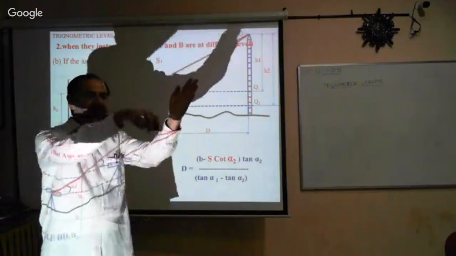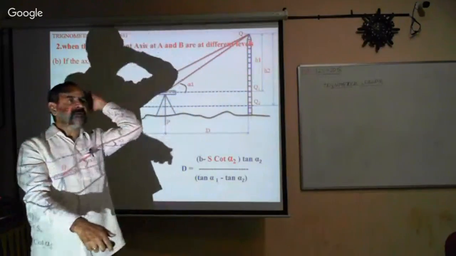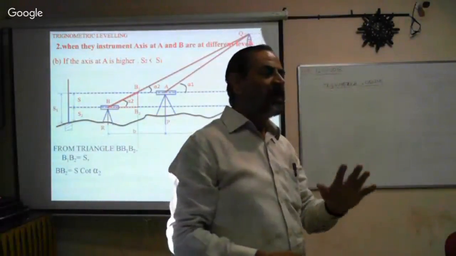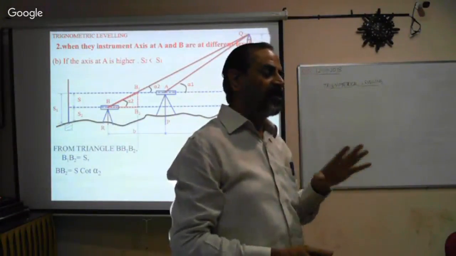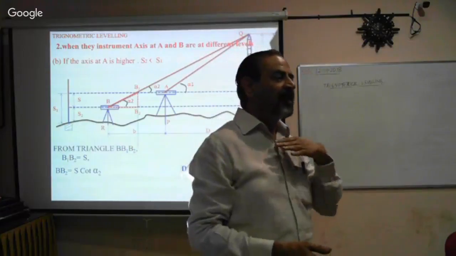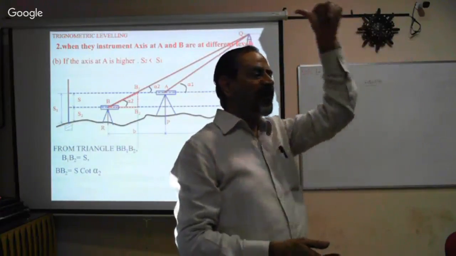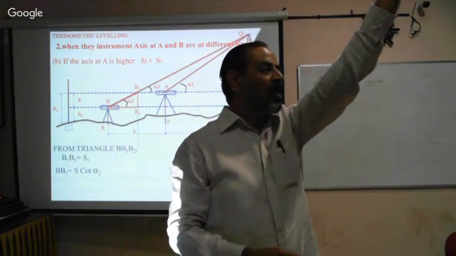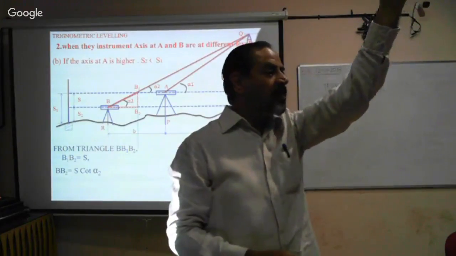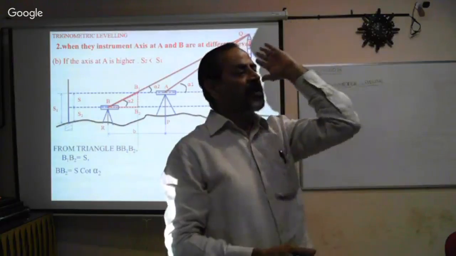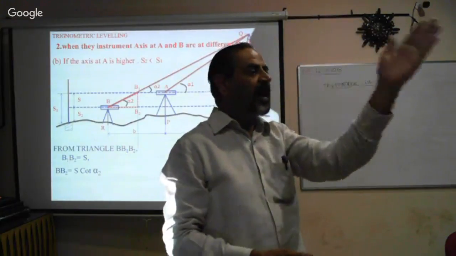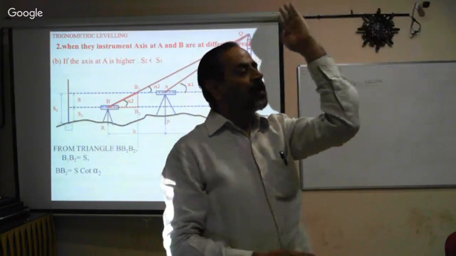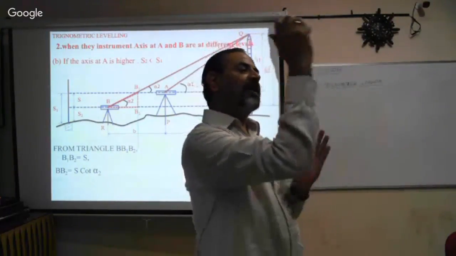In the first instrument station, install and make all the necessary temporary arrangements. Then make the line of sight horizontal, take a backsight on the benchmark, then measure the vertical angle. After doing so, transit the telescope, directing it to the front side.